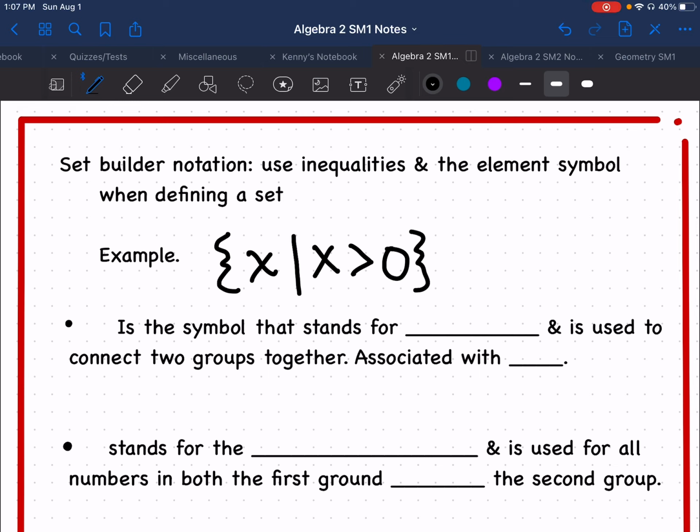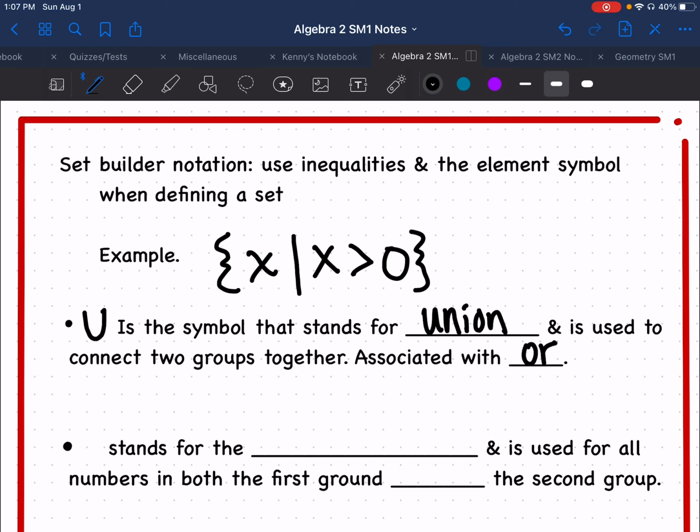All right, this is a symbol that stands for union and is used to connect two groups together. It is associated with the word "or".